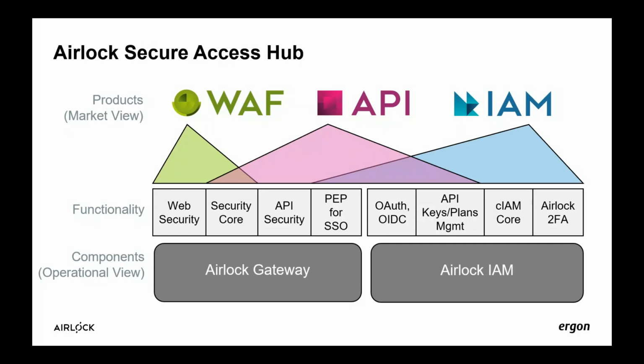So instead of continuing to call the component Airlock WAF, we changed the name of the component to Airlock Gateway. So there's a clear distinction between the WAF functionality, the API Gateway functionality, and the software component you're going to install.